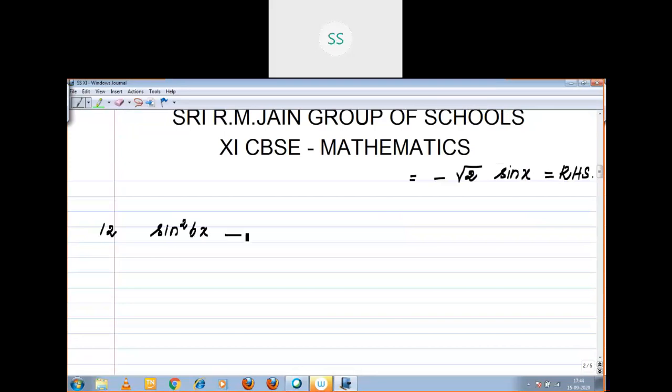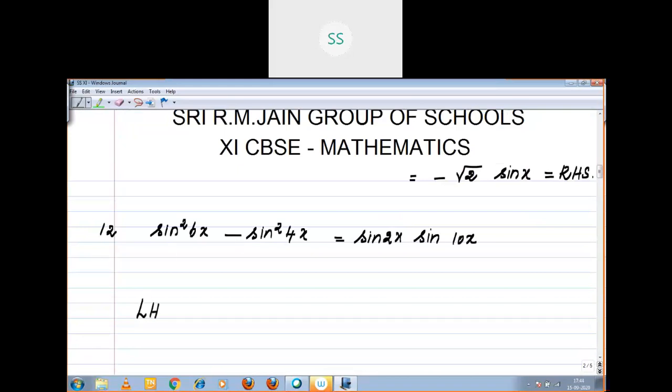Sin square 6x minus sin square 4x equals sin 2x into sin 10x.